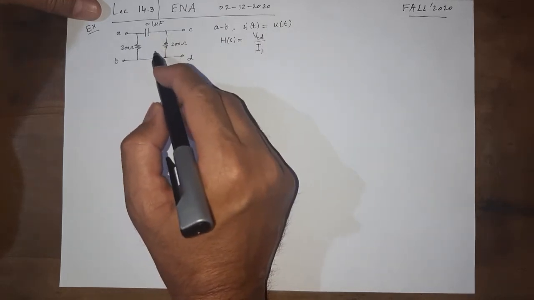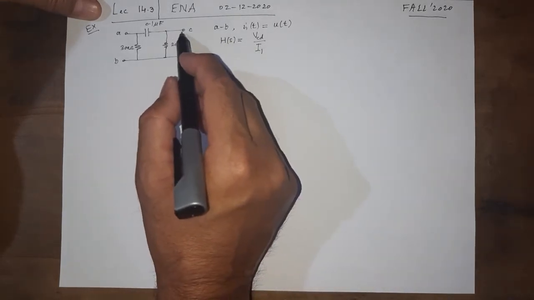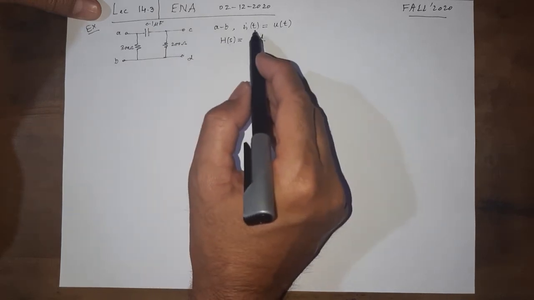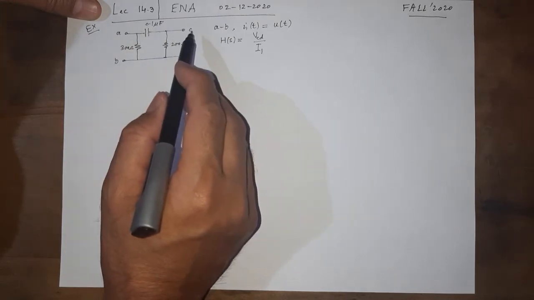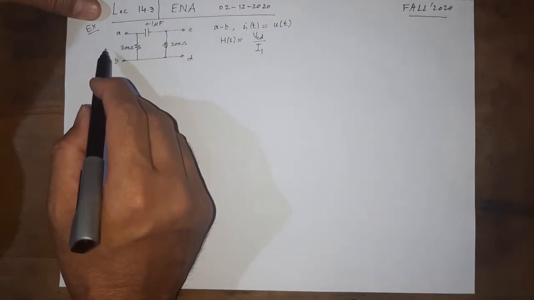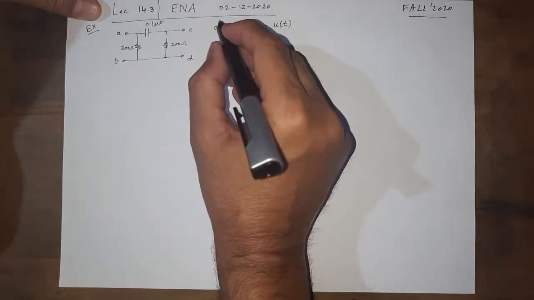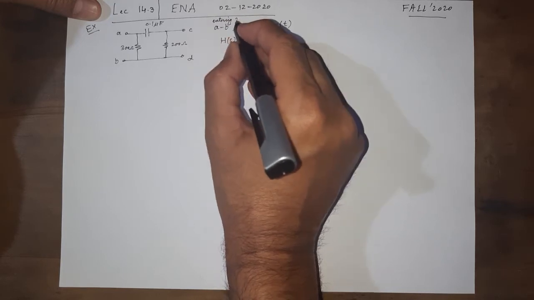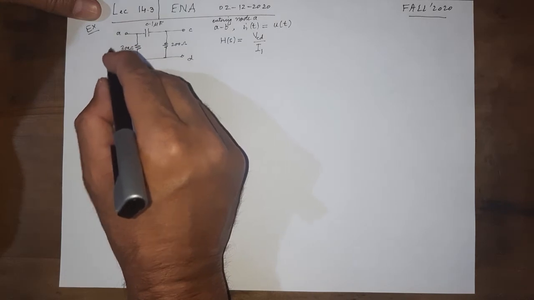This circuit is in the time domain, and here we are interested in the voltage across this resistor, and there is a current source between AB, entering node A, so it is directed upwards.